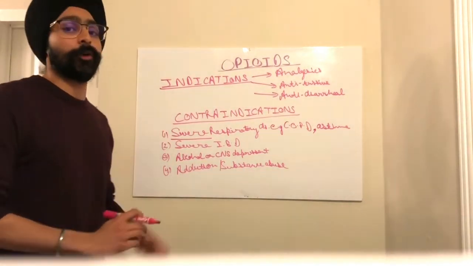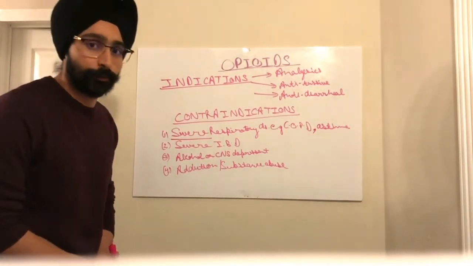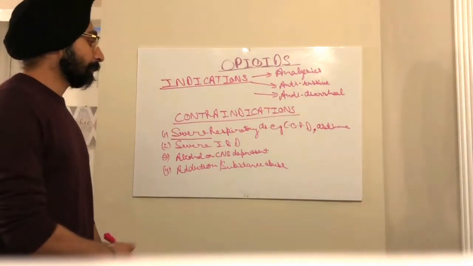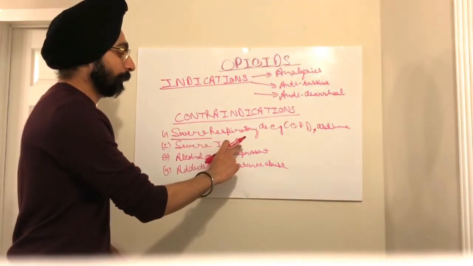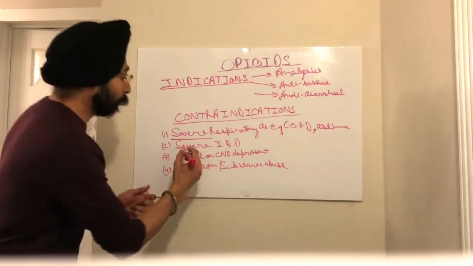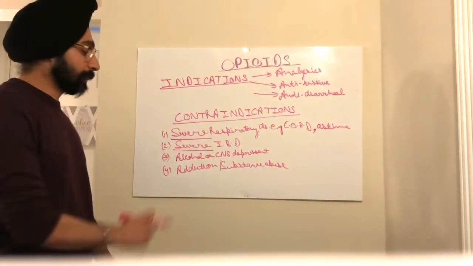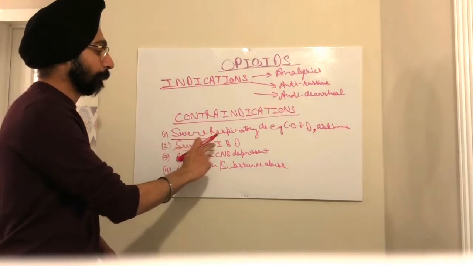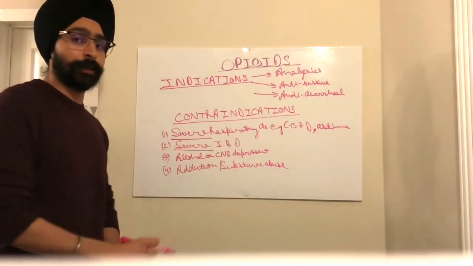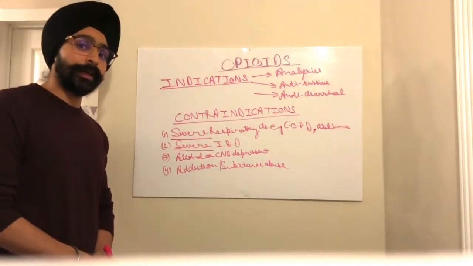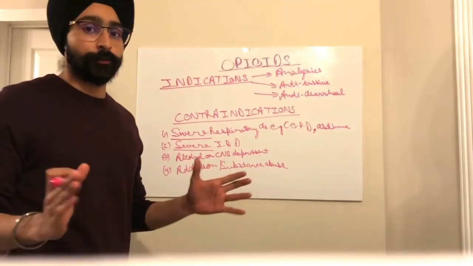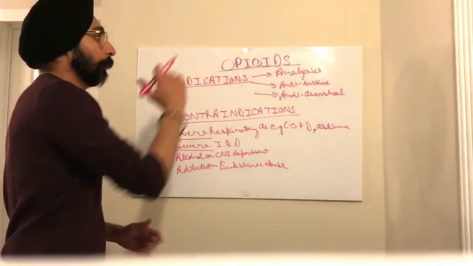Otherwise, don't consider opioids to be a contraindication. Then is severe inflammatory bowel disease. Here also you have to look for this word, severe. If in the medical history, the word severe is not given prior to inflammatory bowel disease, in that case, only NSAIDs are considered contraindicated but not opioids.